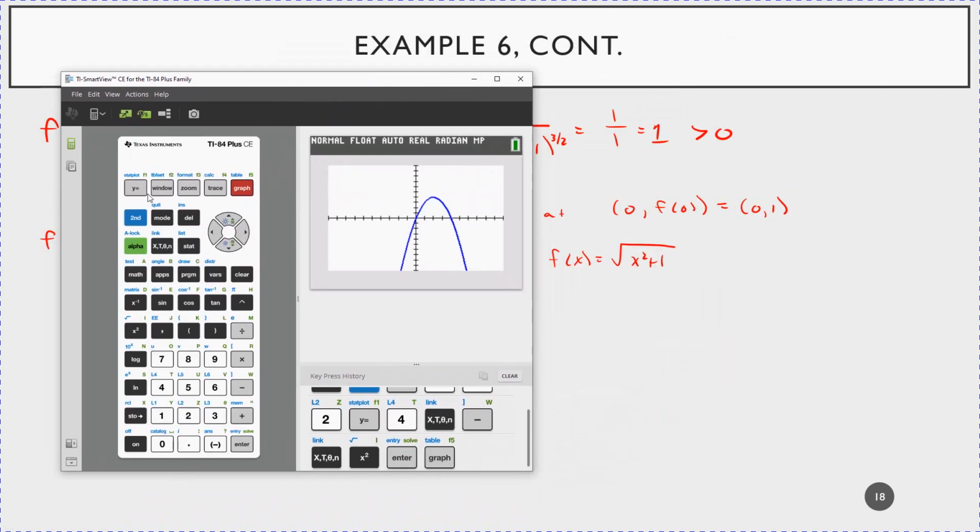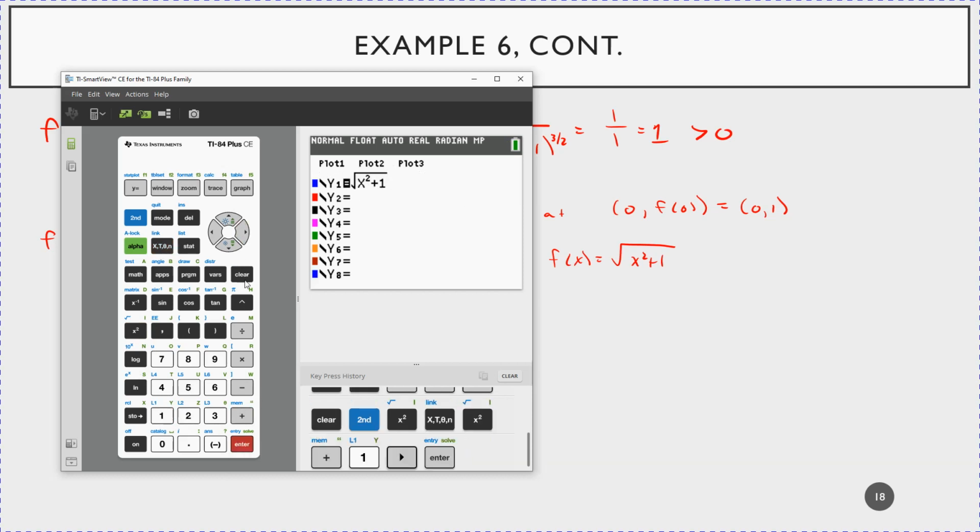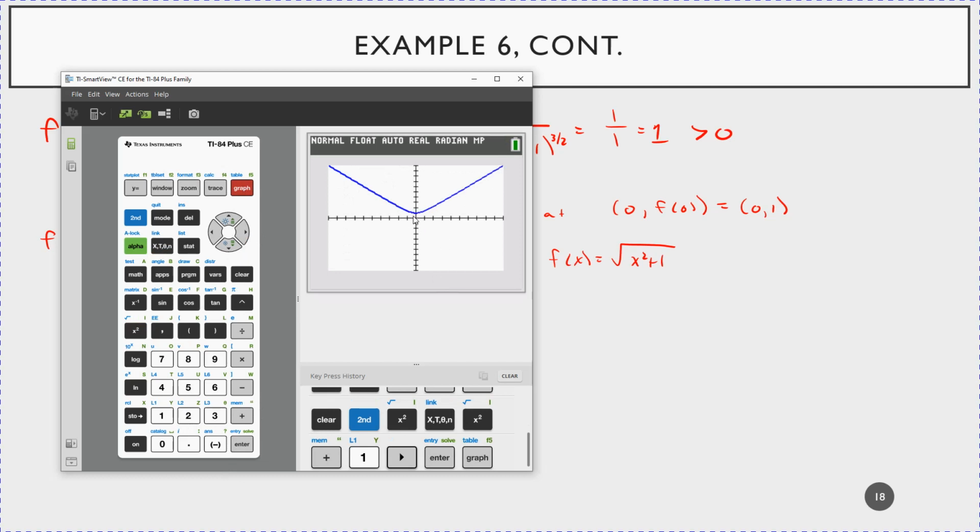Let me clear out what we had in here. The square root of x squared plus 1. And when I graph it, yeah, look, boom, you can see right there. Isn't that awesome? You can see that the relative min is at 0, 1. So this really did it. It's really, really perfect here.